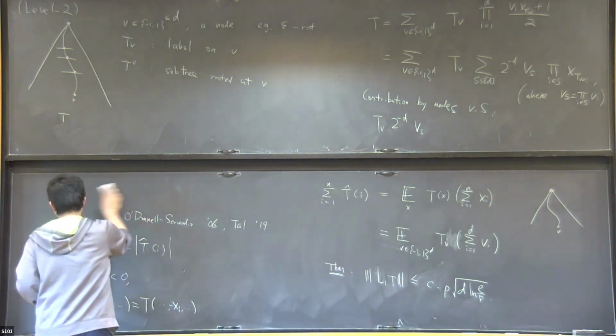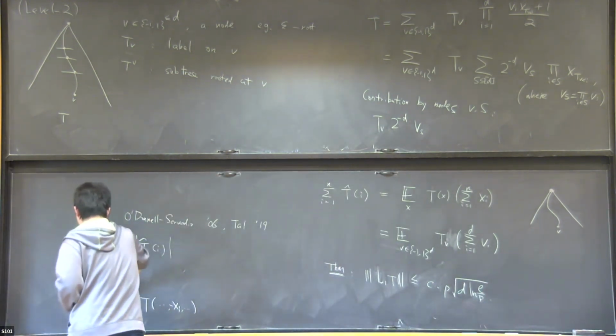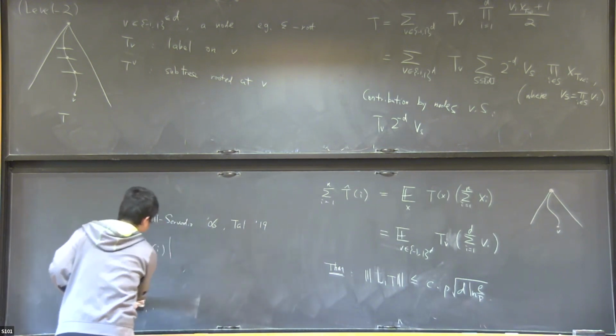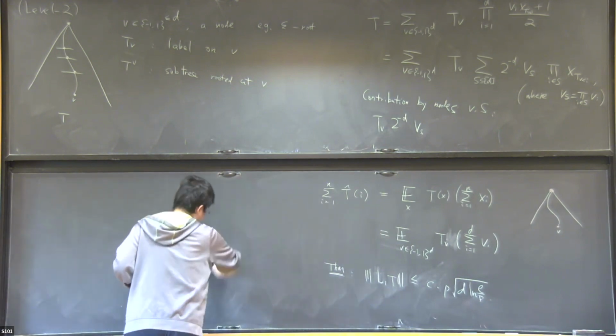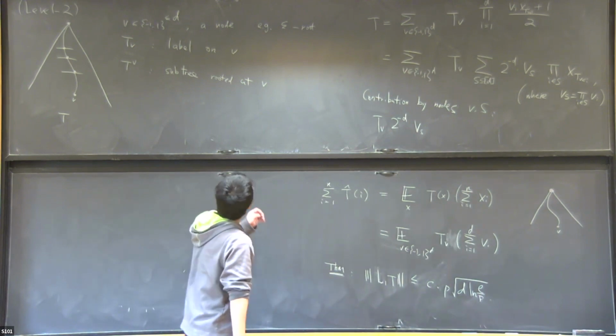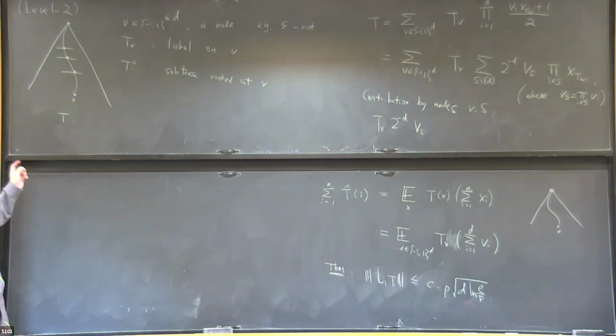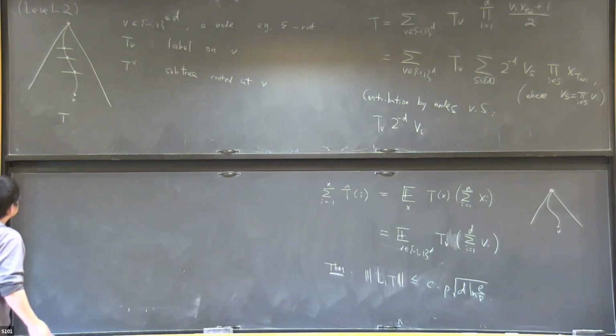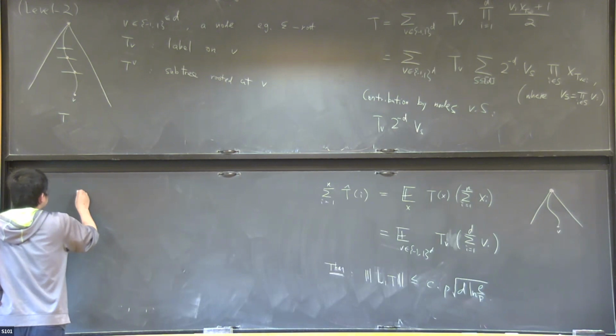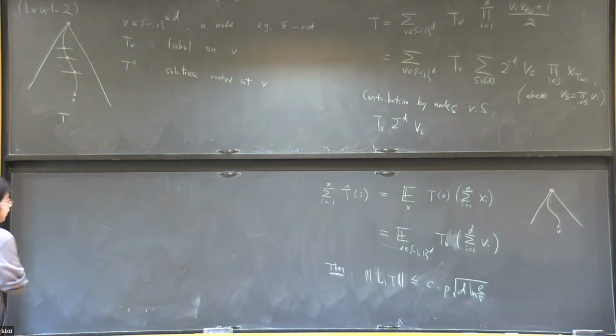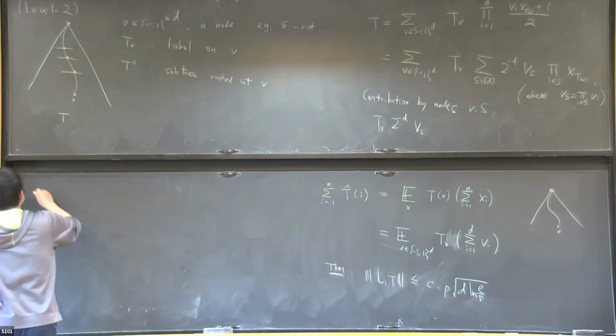Now for the level 2 case, what we want to do is collect the contributions by all pairs of nodes. And there is a natural way to do it.